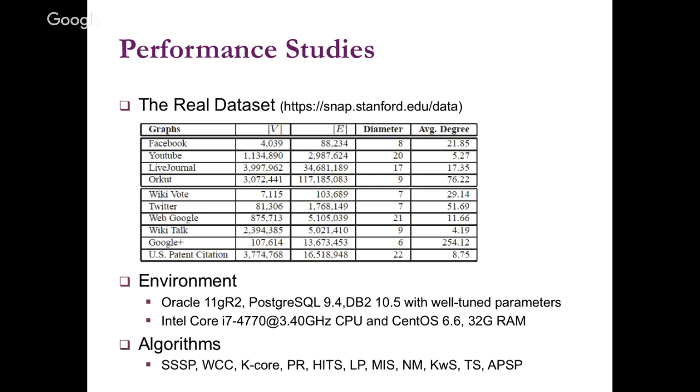And here I will report our performance study. Here we test our enhanced recursive query on 3 database systems for 9 real-world graphs, and we implement 10 algorithms, which cover all of the 4 operations we proposed.